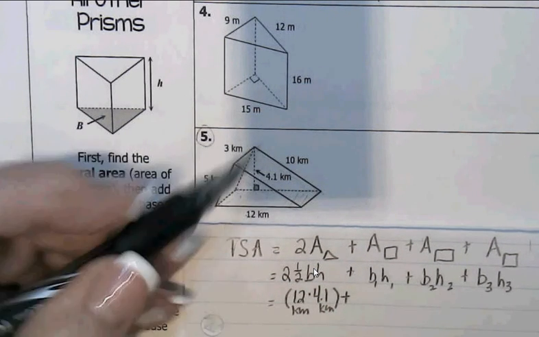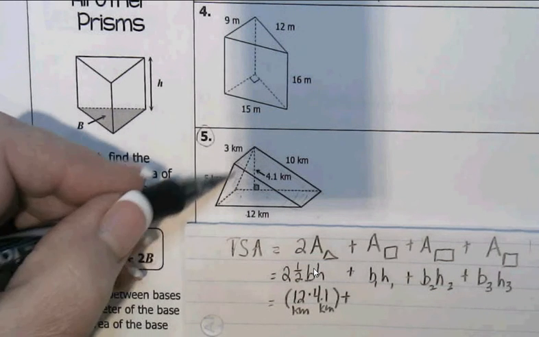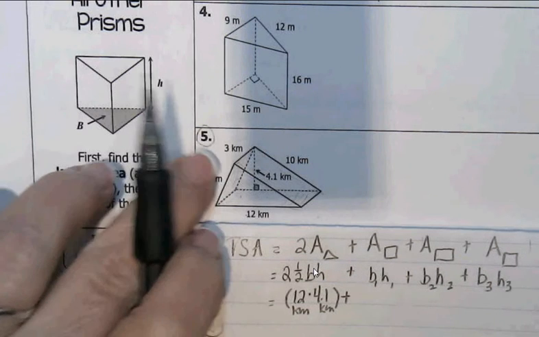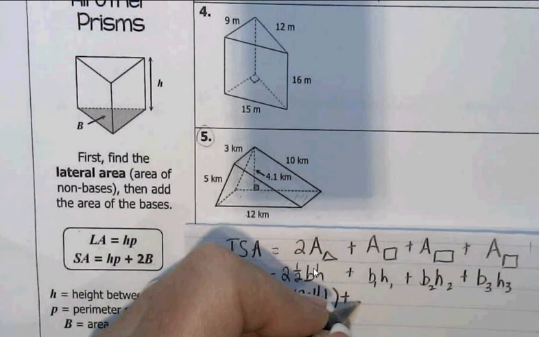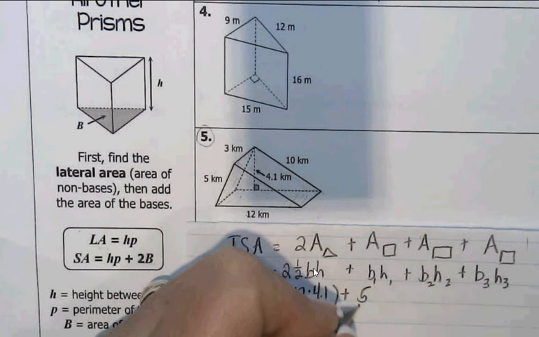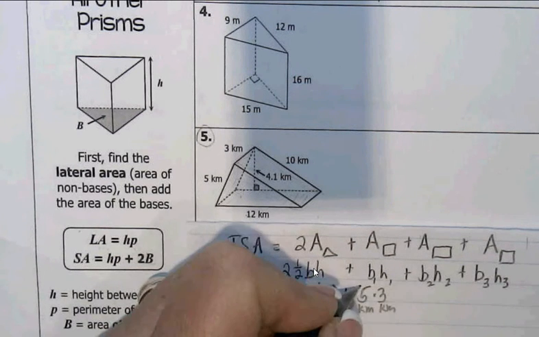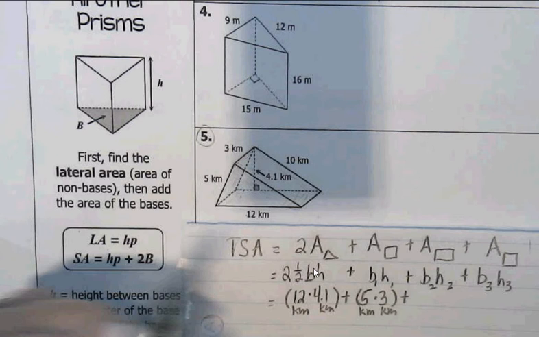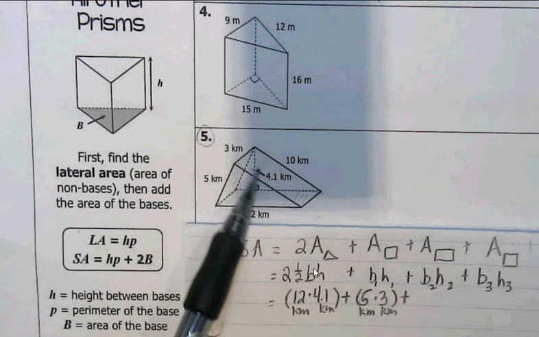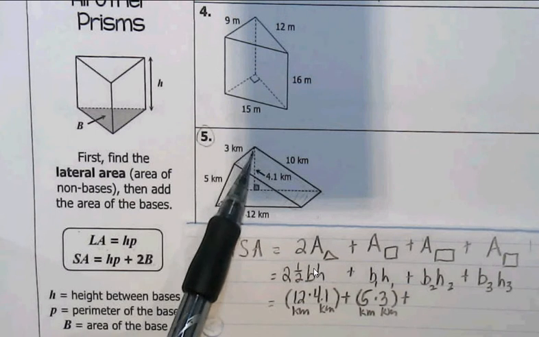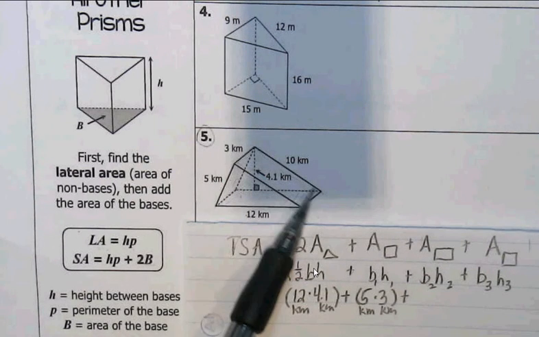And for this first rectangle over here, I'm going to look at the slanted one on the left-hand side. I can see that it has a height of 5 and a depth of 3 kilometers. So that's 5 kilometers times 3 kilometers. And then I'm going to move to this slanted one here on the top. And I can see that that has a width of 3 and a length of 10.